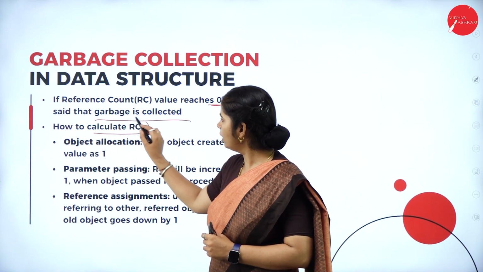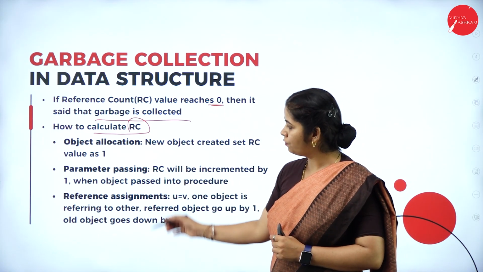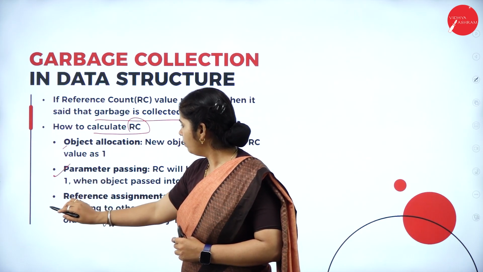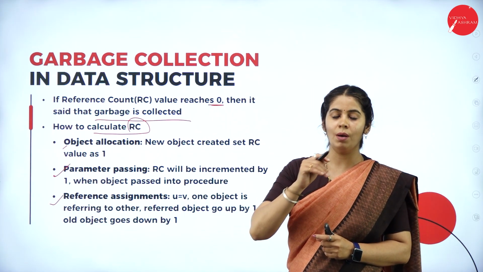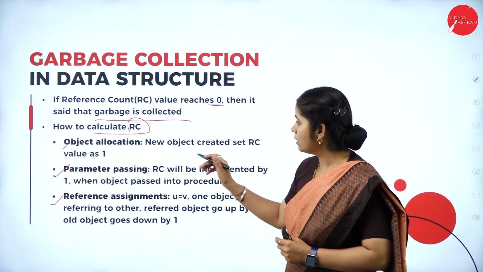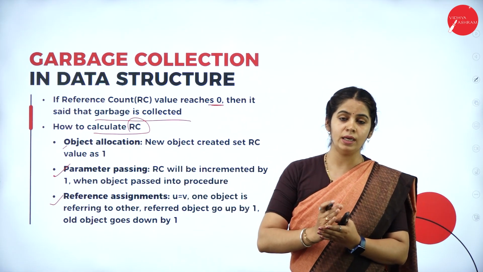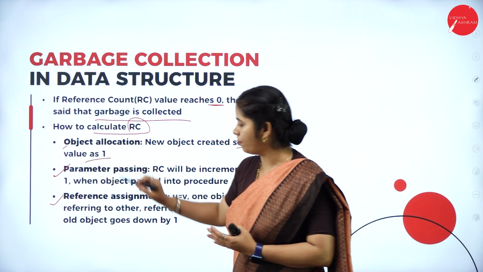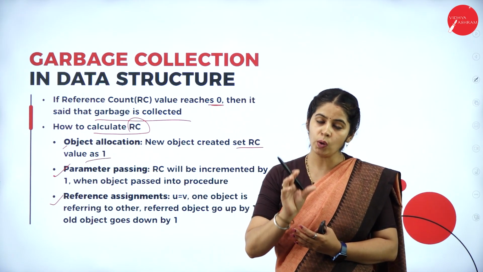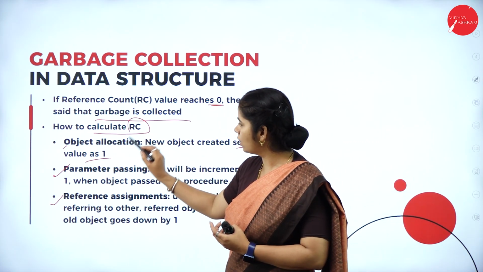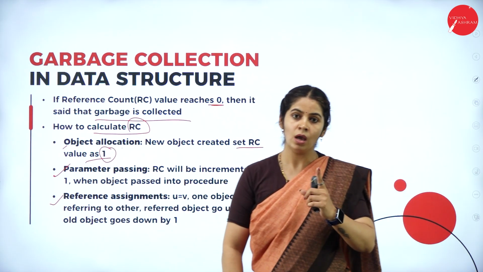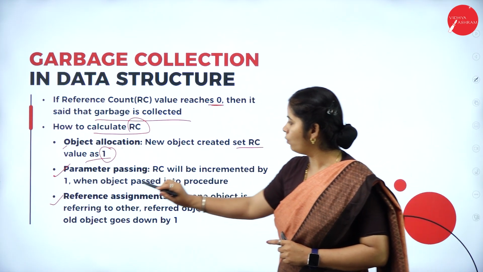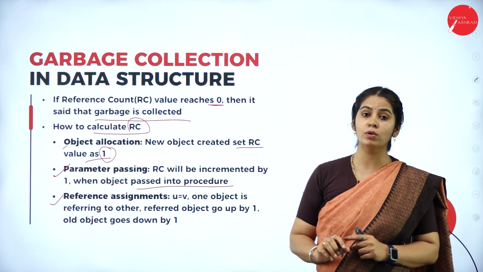Then how do we calculate this reference count? There are some steps to calculate: object allocation, parameter passing, and reference assignment. When an object is allocated for that particular memory, the RC, the reference count, will be set to 1. For parameter passing, the RC will be incremented by 1 when the object is passed into a procedure.